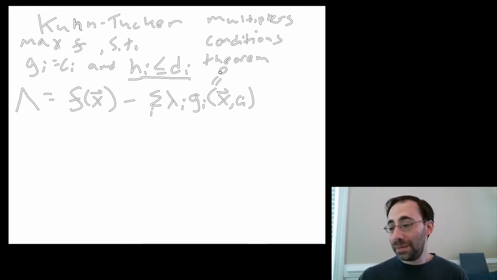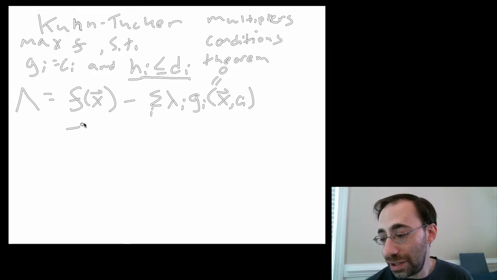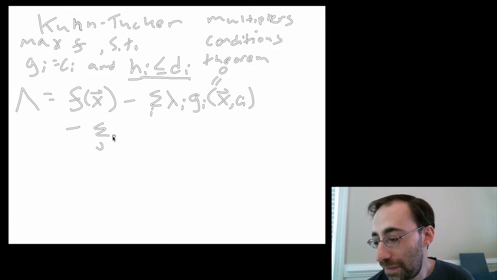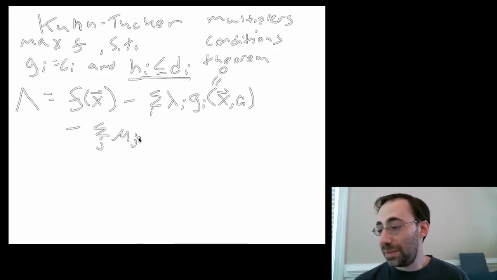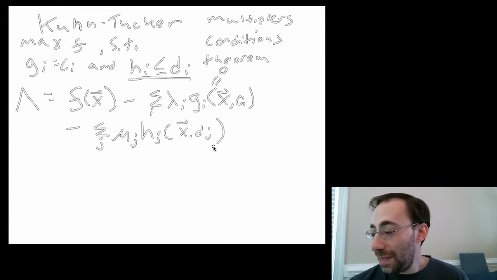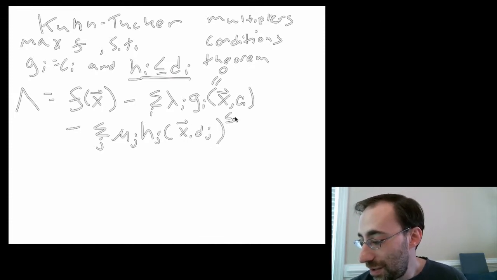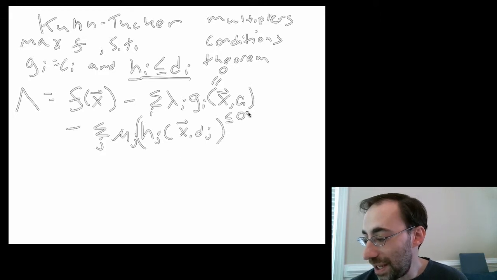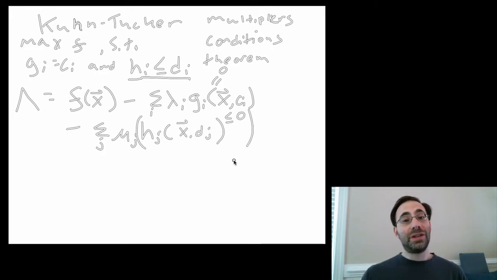Now, to add the Kuhn-Tucker conditions here, we're going to add some multipliers for the inequality constraints. And that's a mu sub j, h_j, which is a function of the x's, and also this d. And this h has to be less than or equal to 0.